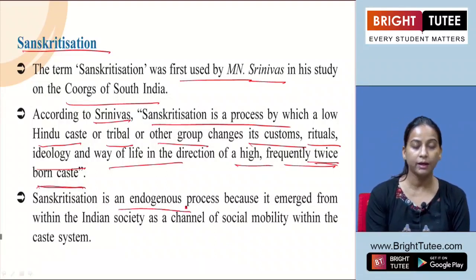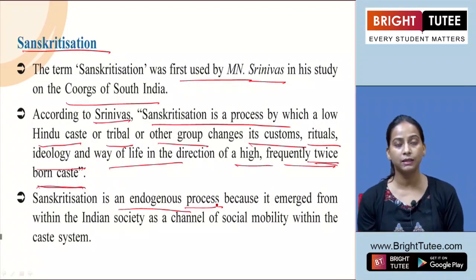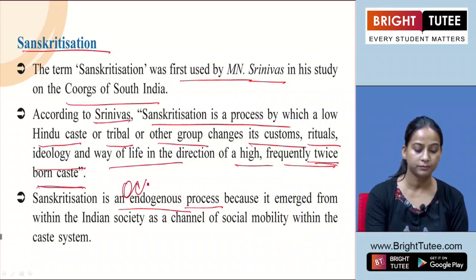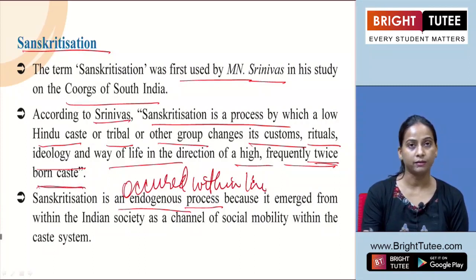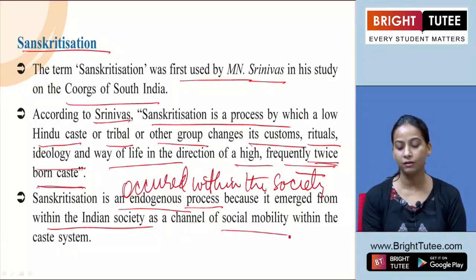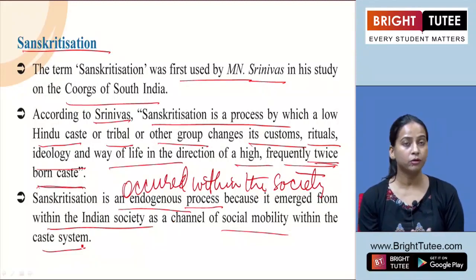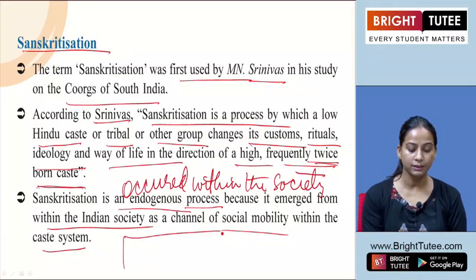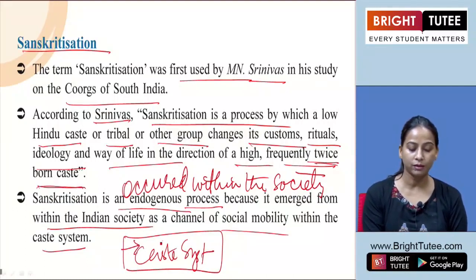It is an endogenous process. Why is it an endogenous process? Because it has occurred within the society. It emerged within Indian society as a channel of social mobility within the caste system, because here we are talking about the caste system, and the changes took place within the caste system from one caste to another caste.